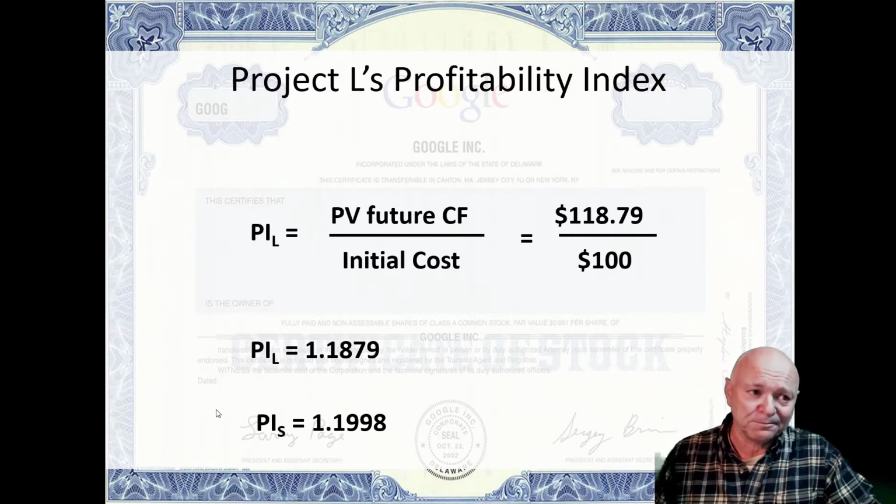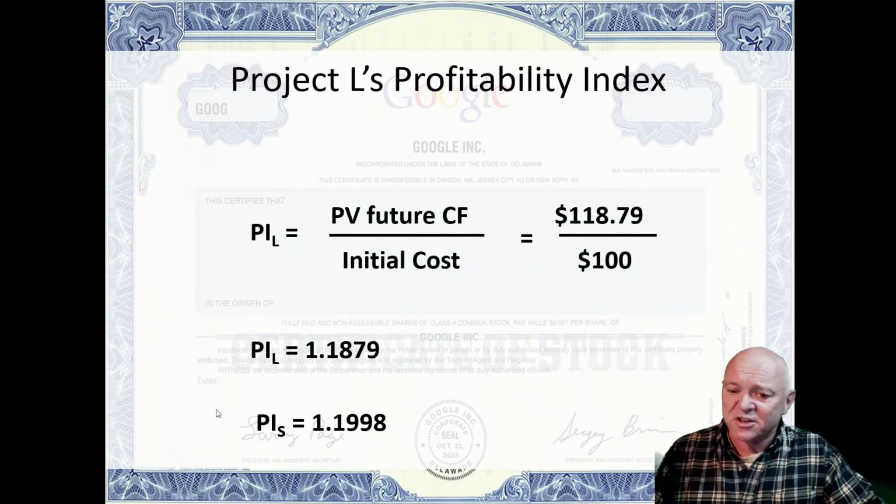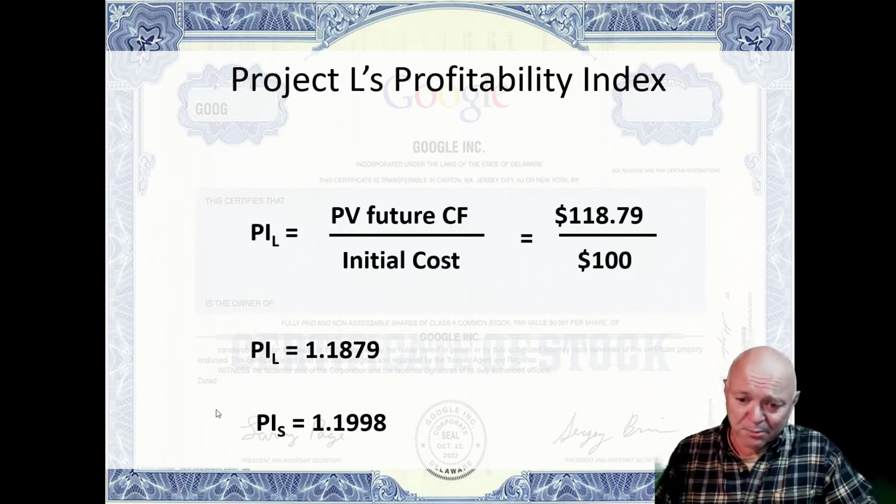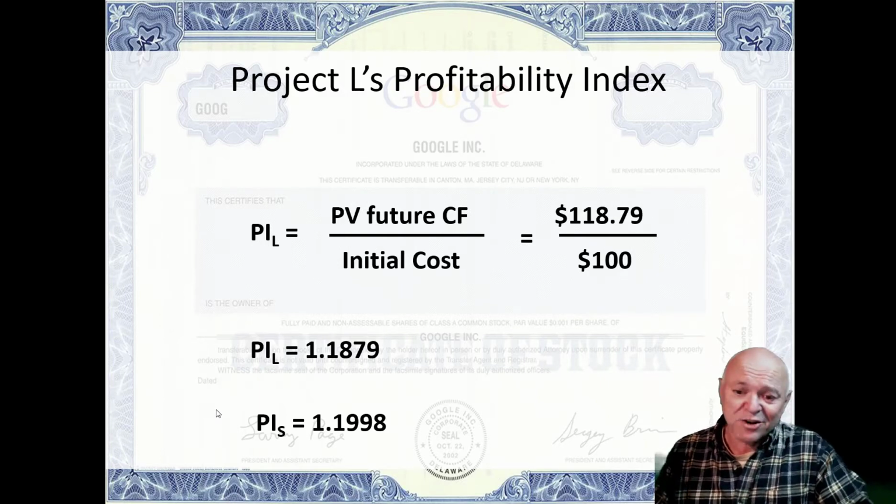But here's the problem. These are scale independent. What if Project L was a $1 billion project? That means you'd make $119 million of positive NPV. What if Project S was a $100 project?